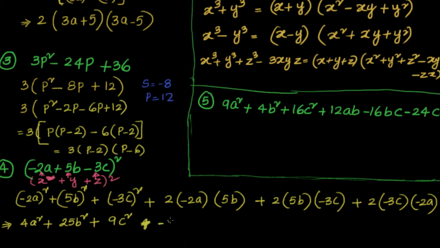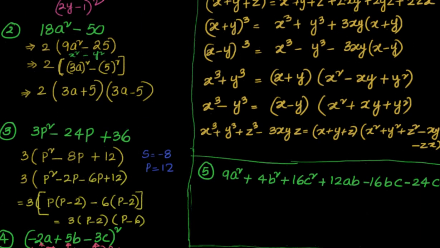So this becomes minus 20ab. 2 fives are 10, 10 into minus 3 is minus 30. So this is minus 30bc. 2 threes are 6, 6 twos are 12, and minus into minus is plus, so this becomes 12ca. That is how you can do that.